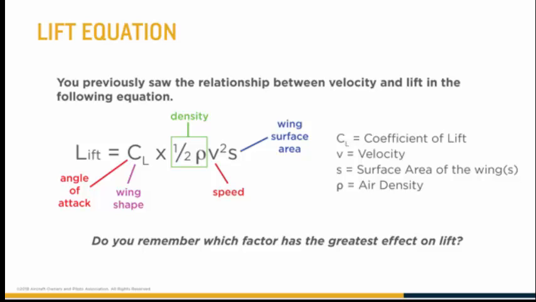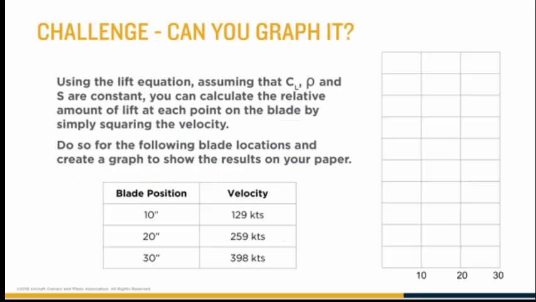However, we need to remember that the propeller's lift is produced in a forward direction, so we call that thrust. And hopefully from the previous video you remember that velocity is the factor that most affects lift. Because velocity in the equation is squared, faster moving airfoils generate exponentially more lift.